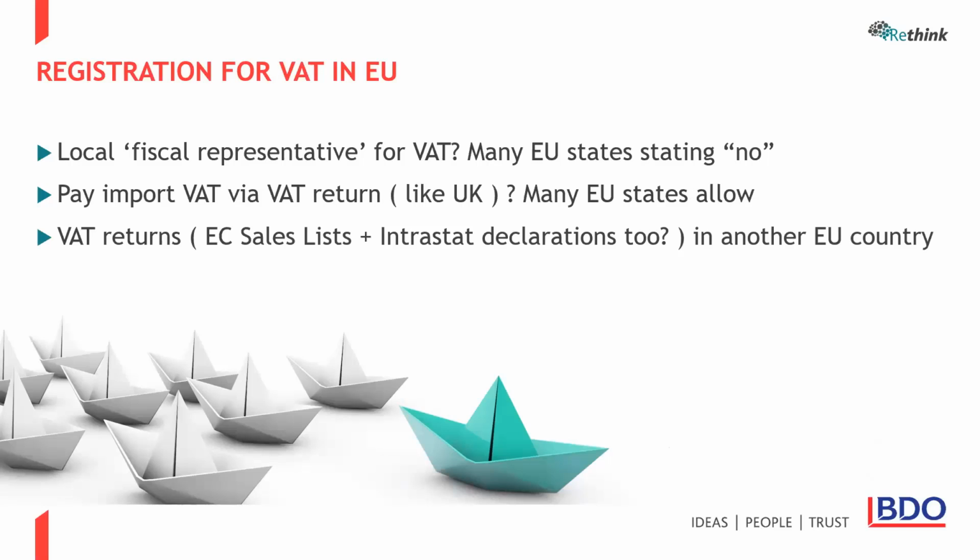So having a fiscal representative, that means effectively a guarantor for you to be VAT registered in a country. Most EU member states, we're finding out, are turning around and saying no. Even ones that have indicated that they would say, yes, you need one as a UK business who's not established in the EU. Most of them are now turning around and saying no. But you need to check on each country whether you'd need that.